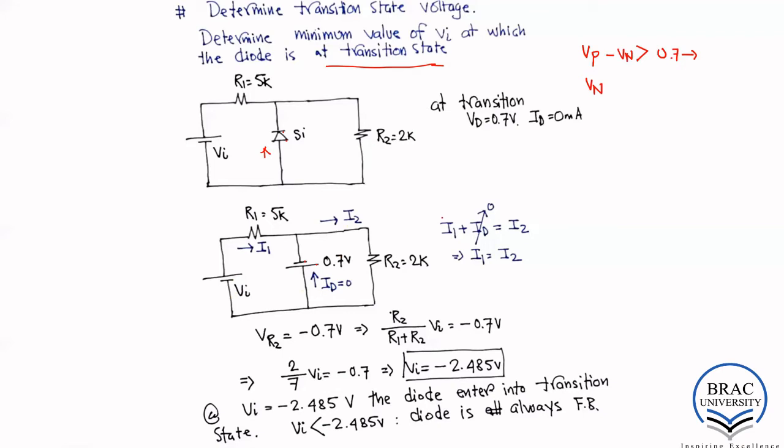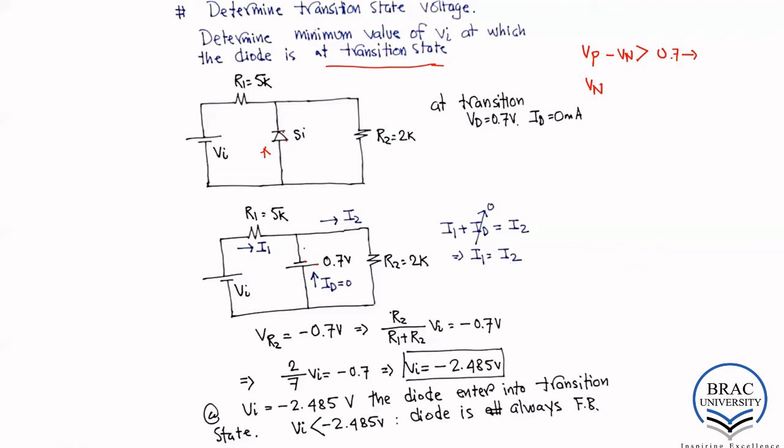Since the diode is going through transition, we know that ID is equal to 0. If I apply KCL here, I1 and ID are incoming and I2 is outgoing. That means I1 plus ID is equal to I2. And ID is equal to 0 as the diode is in transition state, which means I1 is equal to I2.